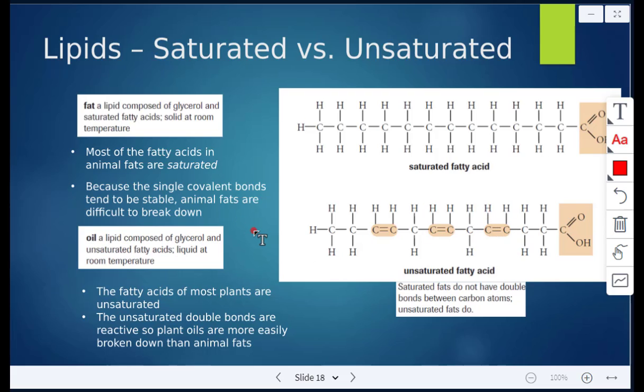Double bonds are reactive, so plant oils are more easily broken down than animal fats. Saturated fats do not have double bonds between the carbon atoms. Unsaturated fats do, which makes them more reactive and more easily broken down.